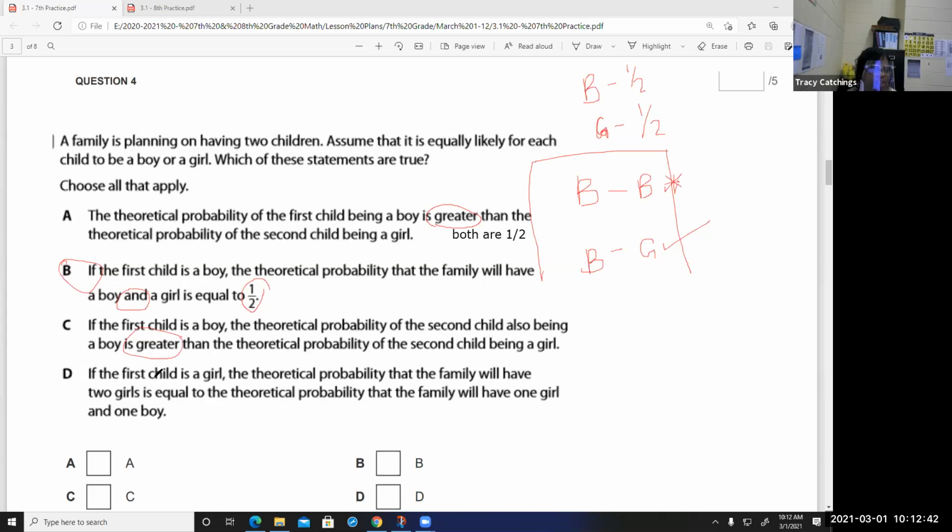D says if the first child is a girl, the theoretical probability that the family will have 2 girls is equal to the theoretical probability that the family will have 1 girl and a boy. All right, so I can have a girl, then I can get a boy, then I can get another girl. That will be correct. They will both be 50%. Any questions about it? Good job.